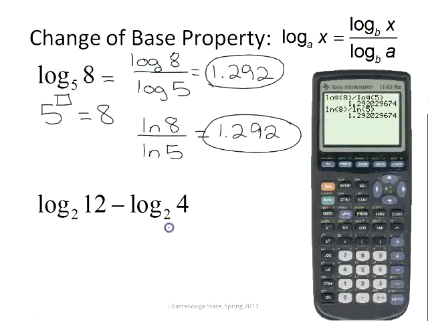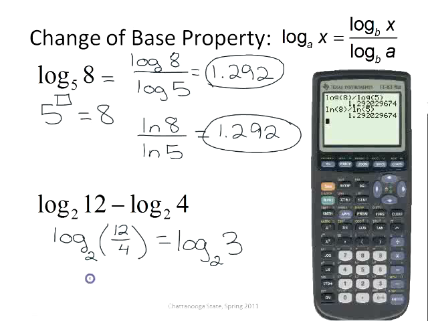Now let's look at this problem. Here, before I start putting stuff in my calculator, I notice both of these have log base 2, so I can combine them into a single logarithm. This would be log base 2 of 12 divided by 4, because it is a subtraction. So that would be log base 2 of 3.